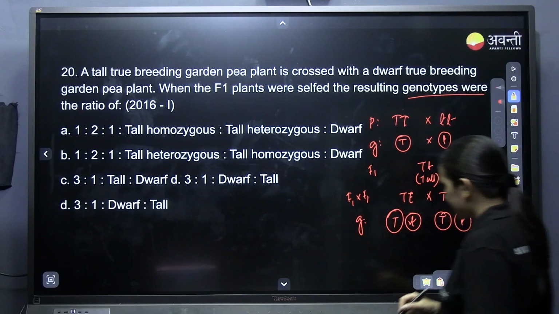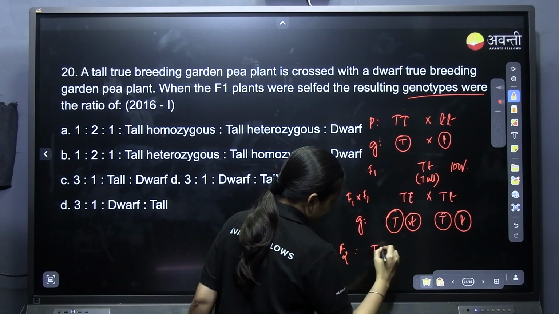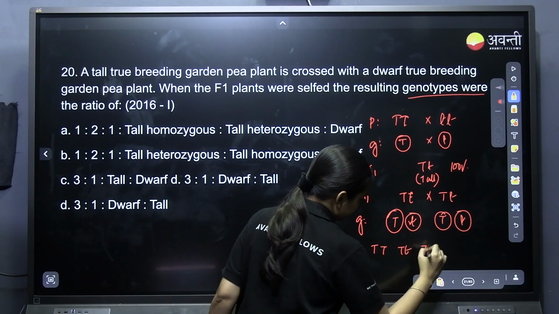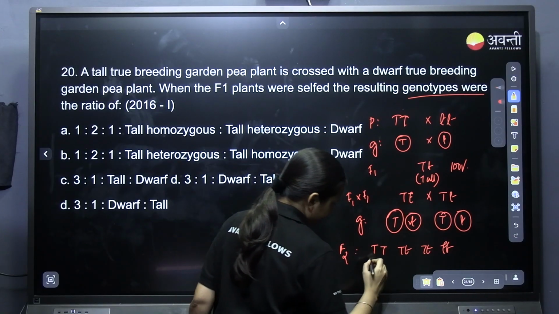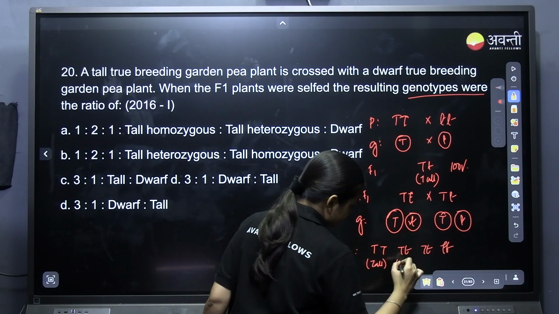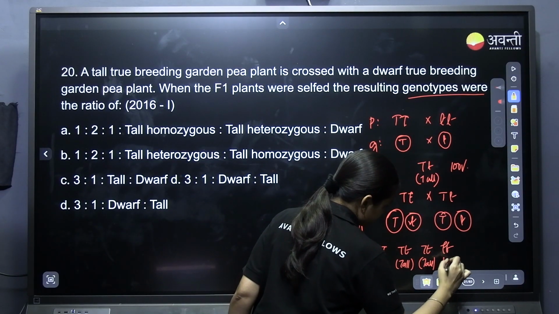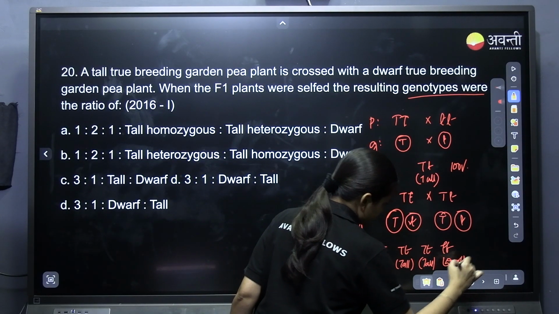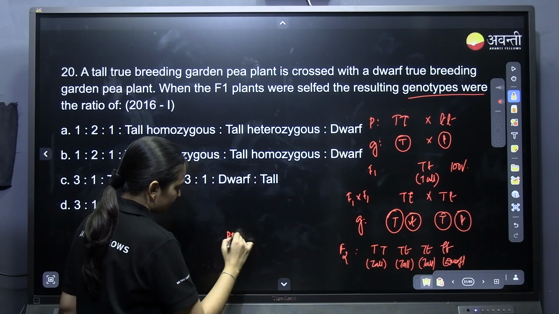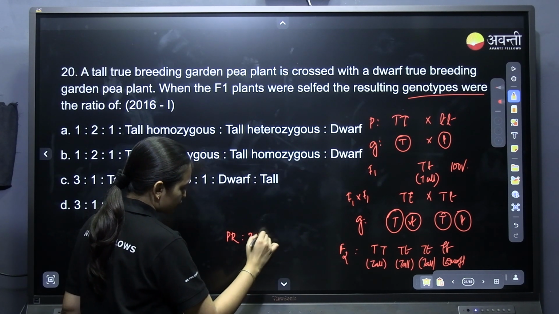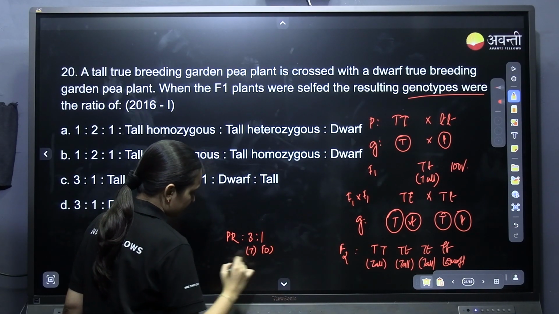So, what is the resultant F2 generation? In the F2 generation we can see capital T capital T, capital T small t, capital T small t, and small t small t. So we see tall and dwarf. The phenotypic ratio is 3:1, that is tall to dwarf.